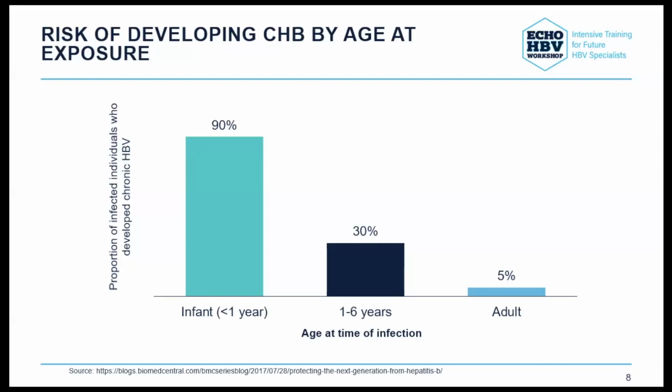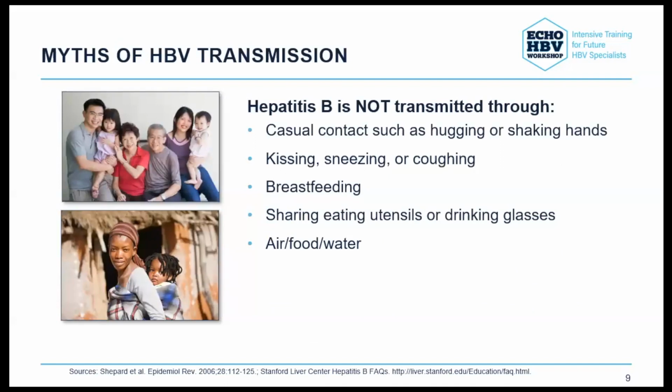Versus the adult population, like most patients who get hepatitis B in the United States through adult horizontal transmission, after exposure, only 5% become chronic. That actually explains why so many more patients get infected in Asia versus in developed countries. The transmission mode is different.